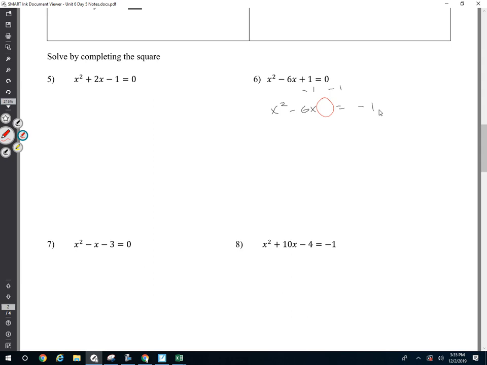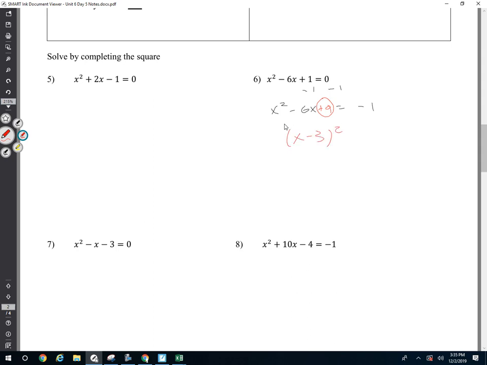To find that number, you divide the middle number by 2. Take the middle number divided by 2 and square it. -6 divided by 2, -3 squared, 9. We are going to add 9 so that this is x minus 3 squared.